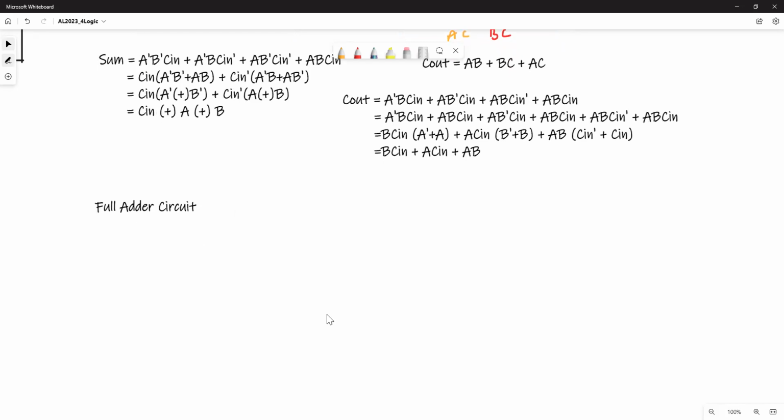So in the full adder circuit, we have to have three inputs.